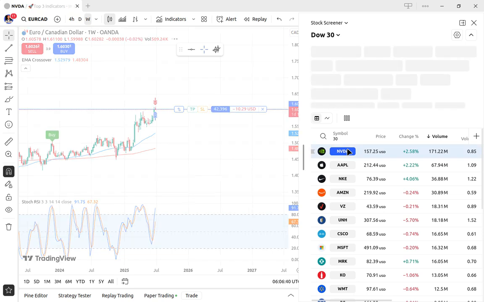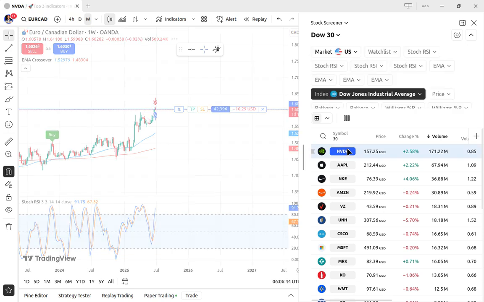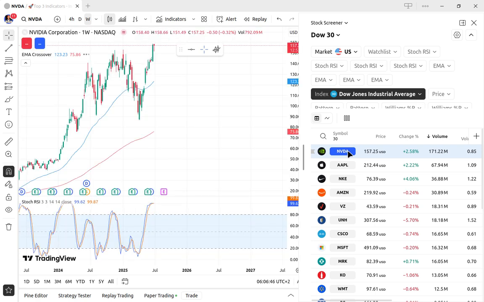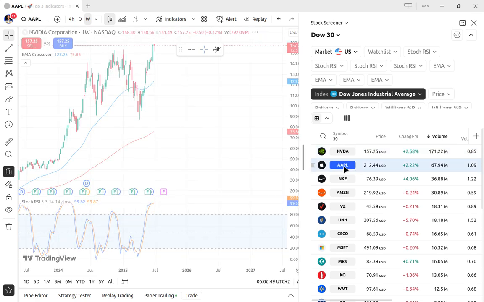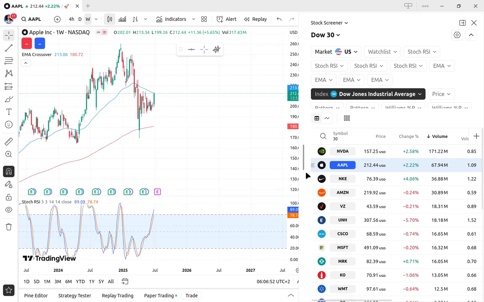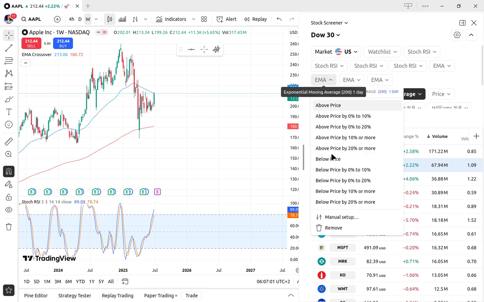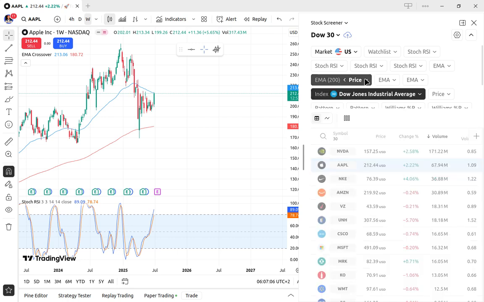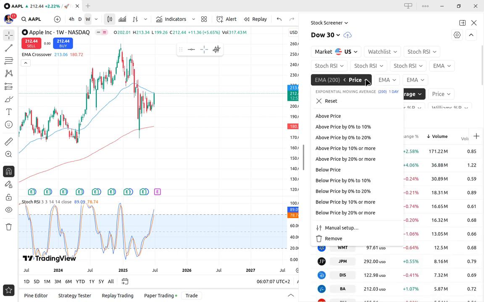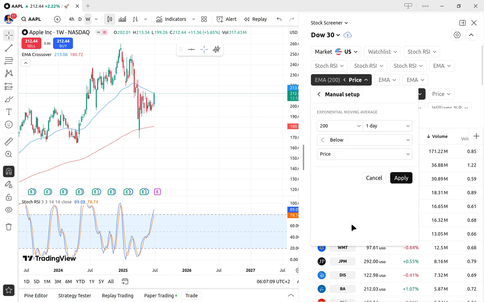Let's start with Nvidia. Apple. So I'm basically looking for stocks to buy, right? We can filter it.